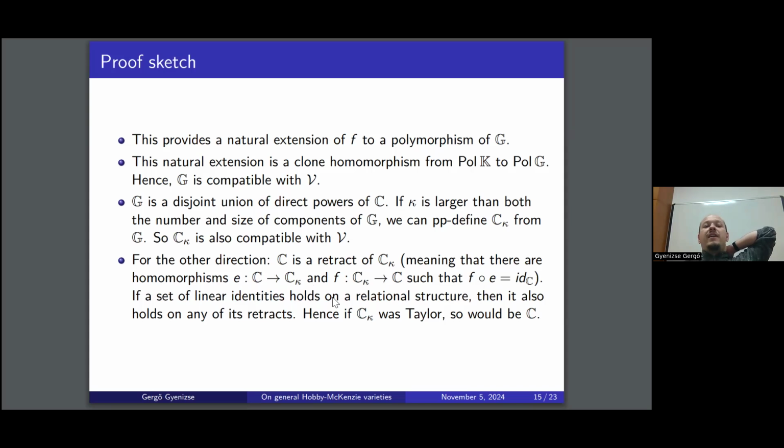So if a linear identity holds on C kappa, then it must also hold on C. So if there was a Taylor operation on C kappa, because Taylor is a set of linear identities, then it would also be on C, but there is nothing on C. So just unary operations. So this cannot be.